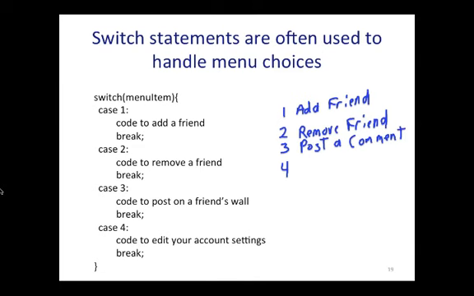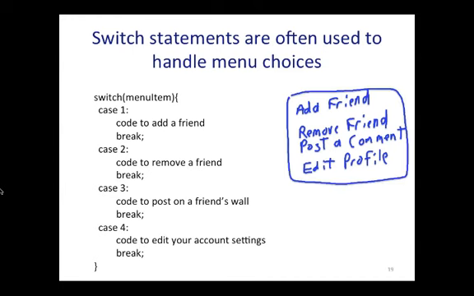And 4 might be edit profile. And the user actually would not see 1, 2, 3, 4. They just see this menu. But the way it might be represented internally is as an integer between 1 and 4, depending on which choice the user selected. So now I could represent this very nicely as a switch statement, case 1, 2, 3, and 4.